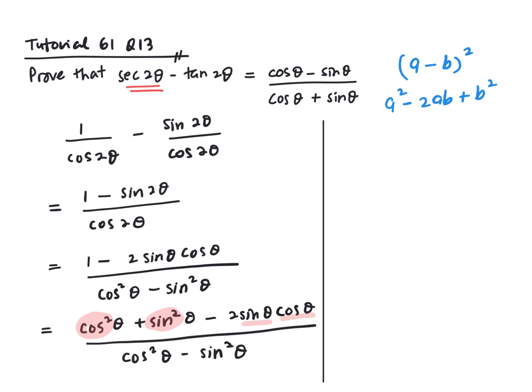So if we factor in terms of cos theta minus sin theta square, we get cos square theta minus 2 cos theta sin theta plus sin square theta.